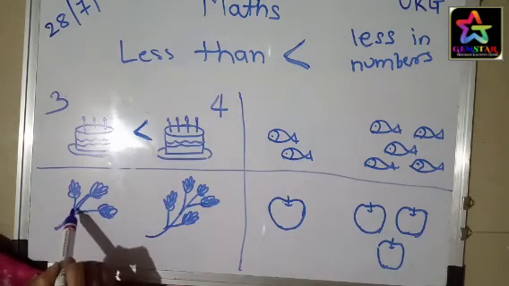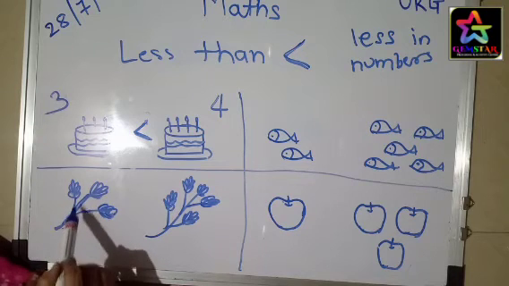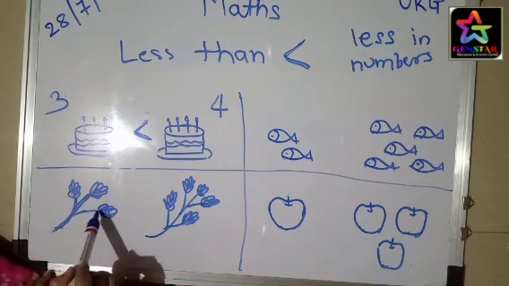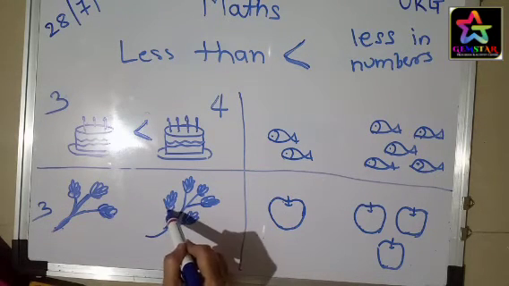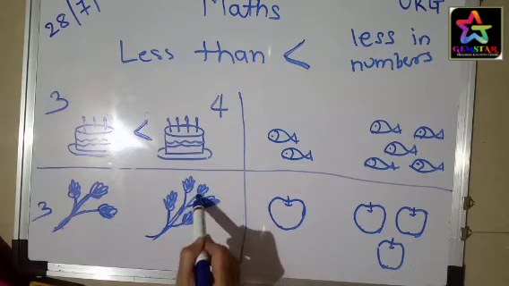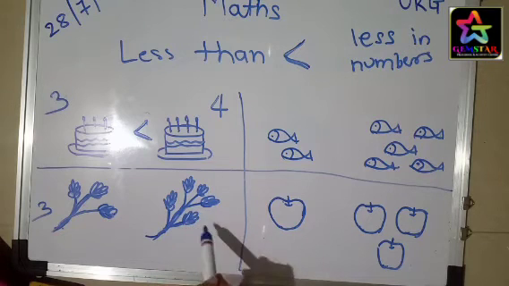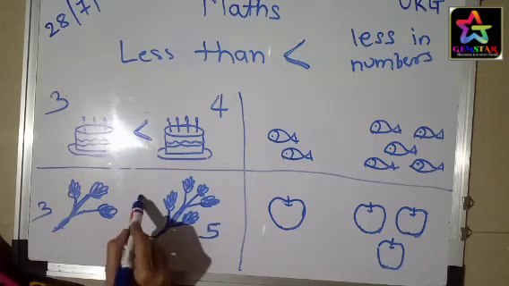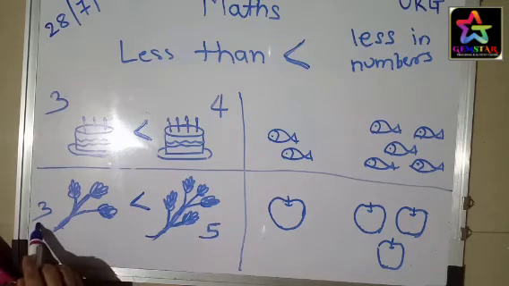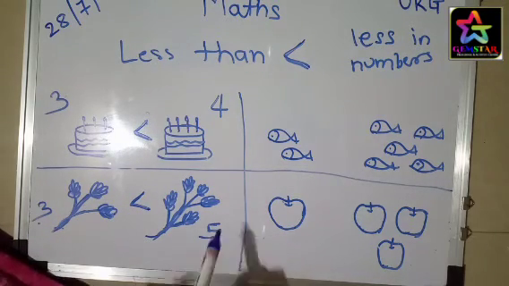Okay, then there is a stem. It has 1, 2, 3. How many branches? 3 branches. And there is 1, 2, 3, 4, 5. How many branches? 5. So we put this sign over here because 3 is less than 5.